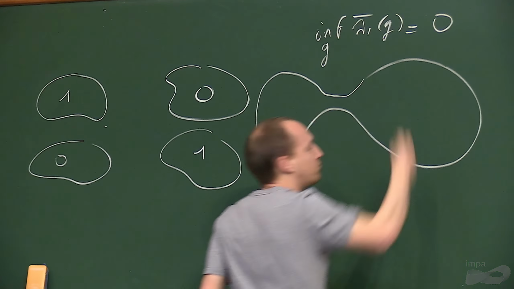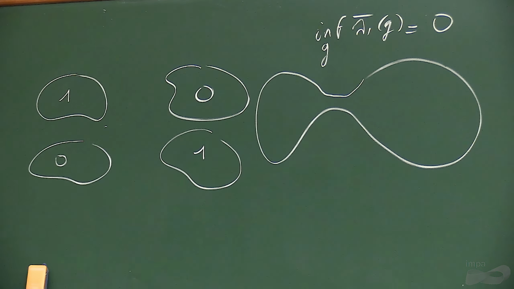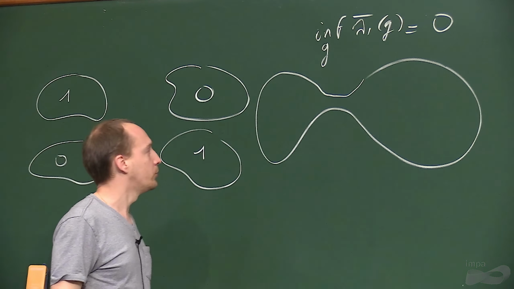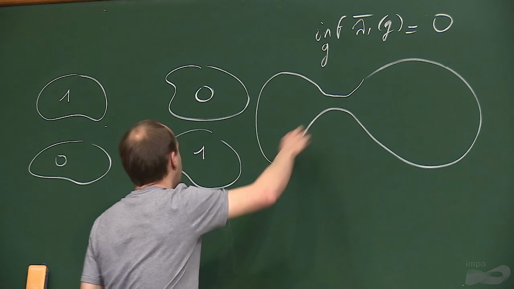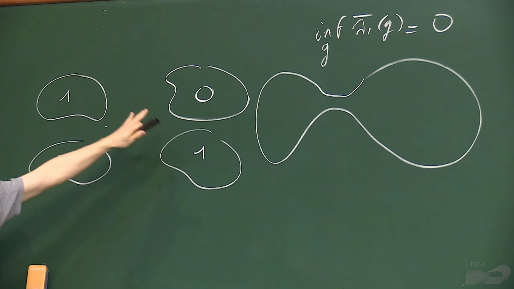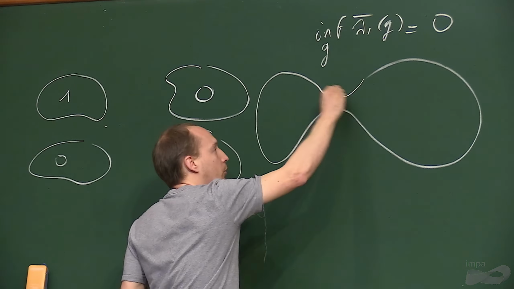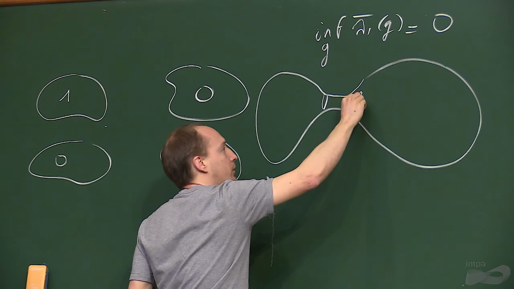Okay, and the infimum over all the metrics is always 0. It is not realized because lambda 1 is positive. The way to prove that is to make this drawing, which is an approximation of this drawing. You take disconnected surfaces and you connect them with a very thin cylinder.